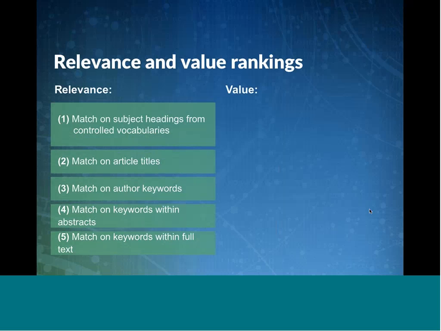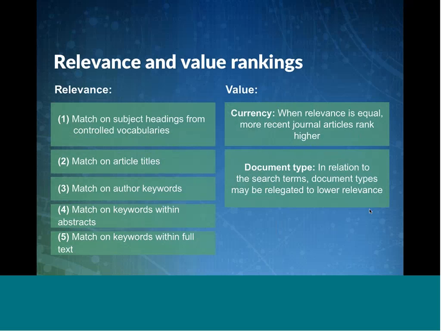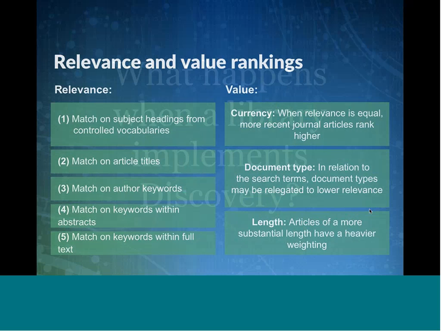And then you add some other value rankings that have to do with how current the particular record or entry is. Whether or not it's just an abstract or full text will boost its result. And then whether or not it's a longer article or a shorter article will also affect the relevancy ranking, all in the interest of getting, no matter what the database, the best result highest up in the list in the most relevant position for your students. And it doesn't matter what database it comes from.